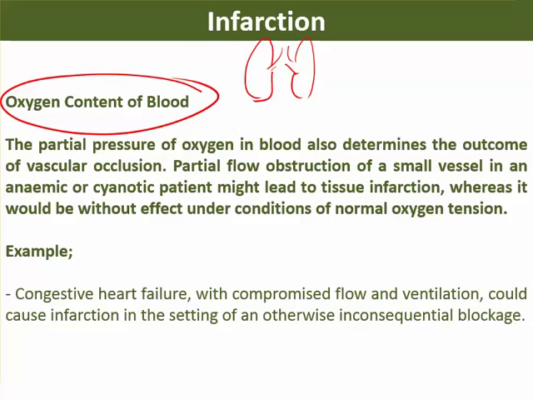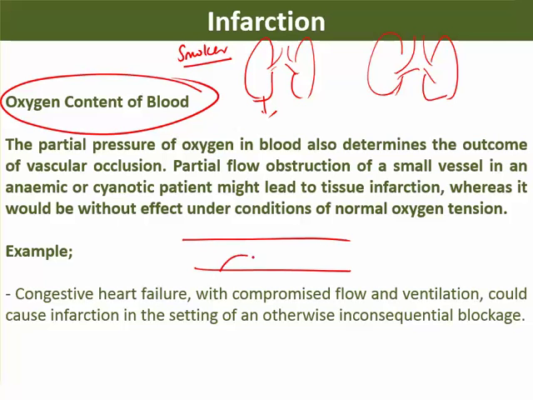And this is a person who is a smoker, and this is a person who is a non-smoker. Who will have good oxygen in the blood? Non-smoker, definitely, right? So this person, his blood vessel is having some occlusion. And this is about the smoker I'm talking.